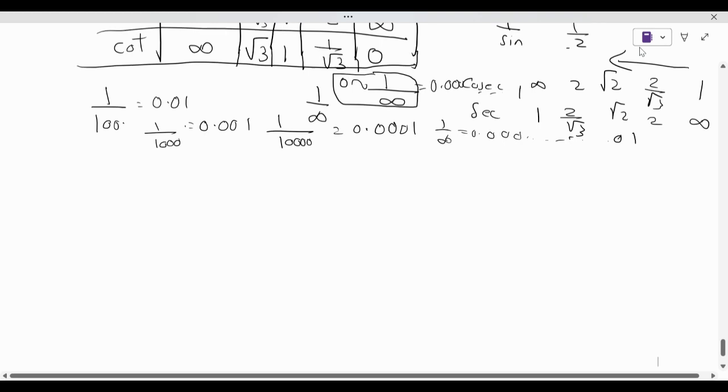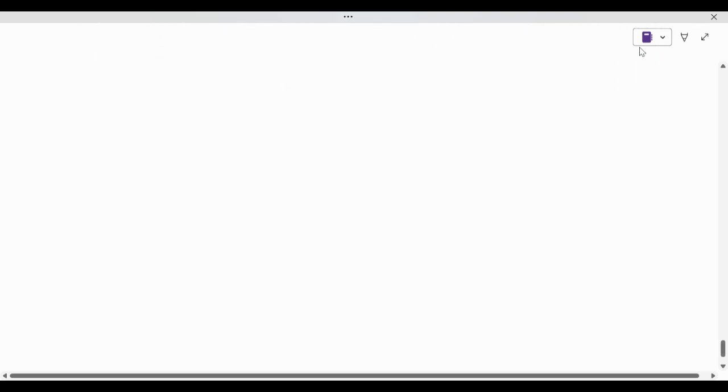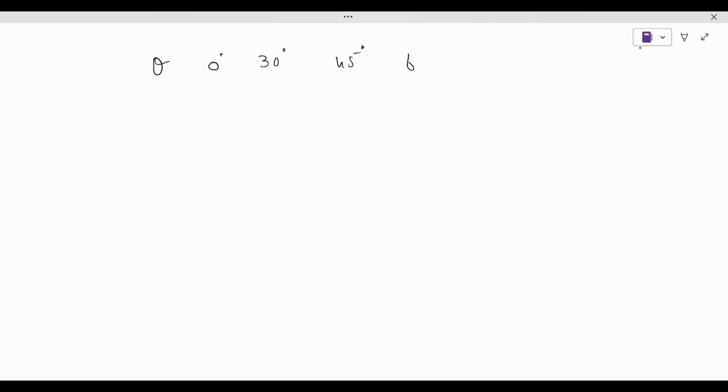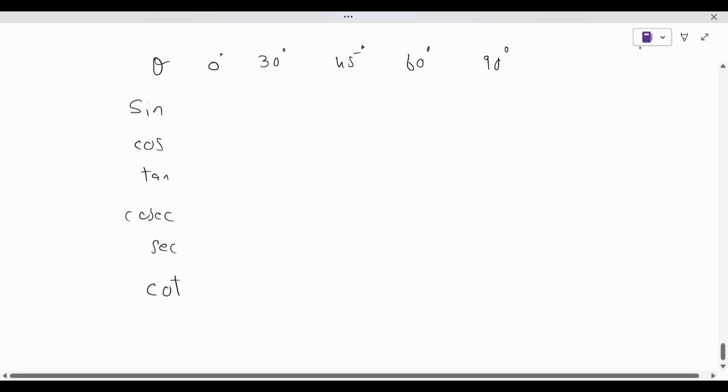So to simplify this, theta is equal to 0, 30, 45, 60, 90. Sine, cos, tan, cosec, sec, cot. Right? This is the tabular column.